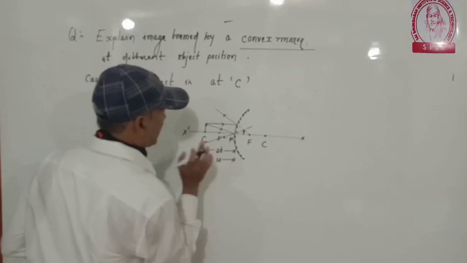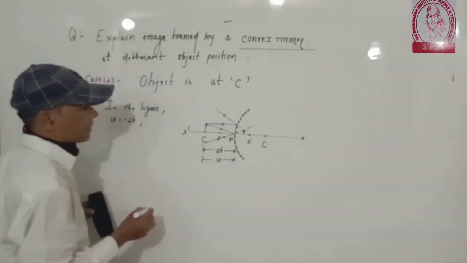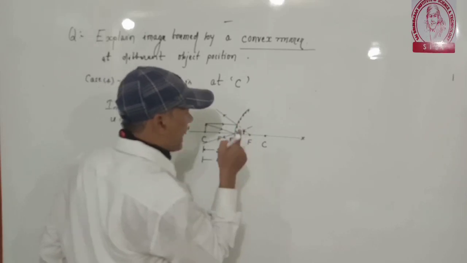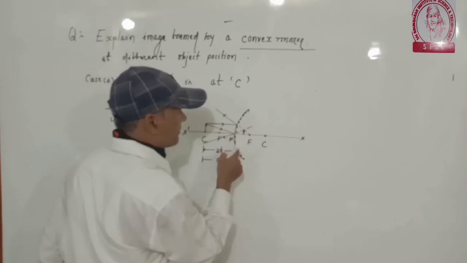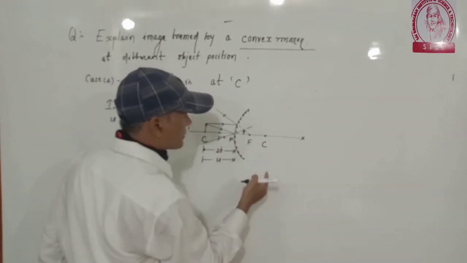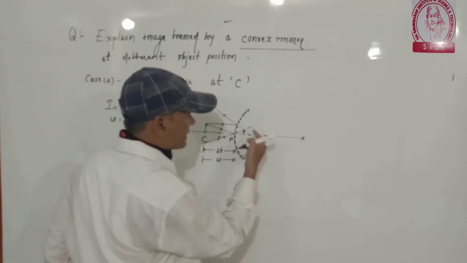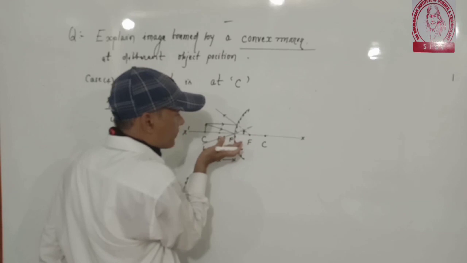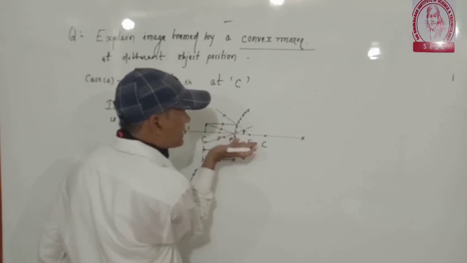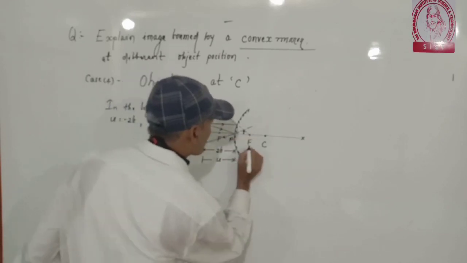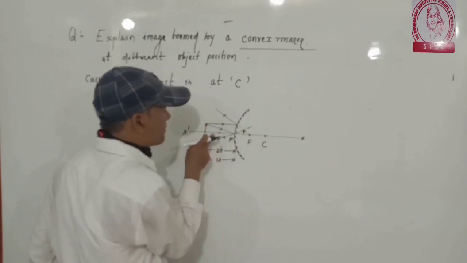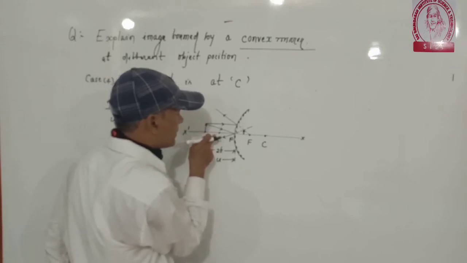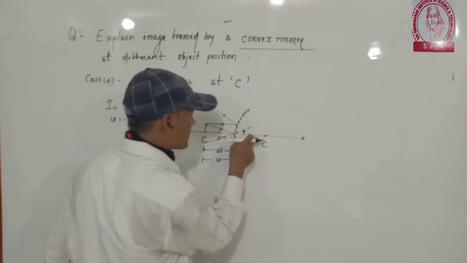And the principal focus, which helps to form the image, is on the positive x-axis. So the focal length is measured along the positive x-axis, so it is positive. We have to ignore this end.